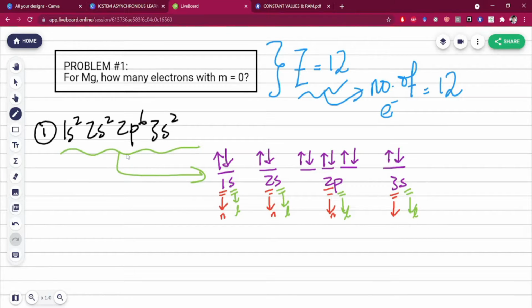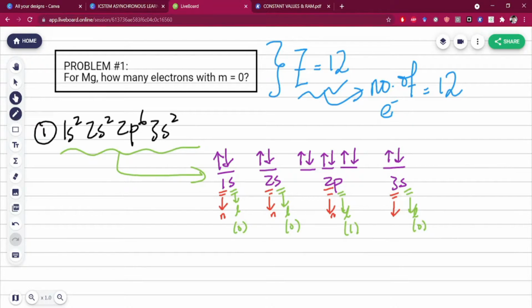And do remember as well, when you have L equals to s, the value over here will be 0. This one is also 0. Over here you have the value of 1, and here we have a value of 0 as well, because the shape is s, so the L value is 0.